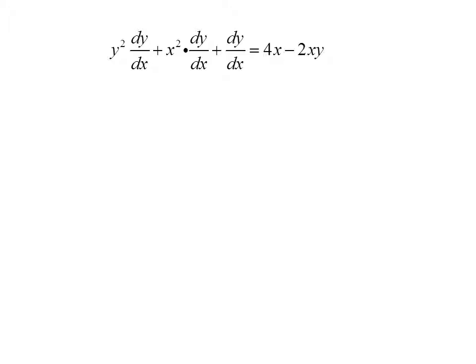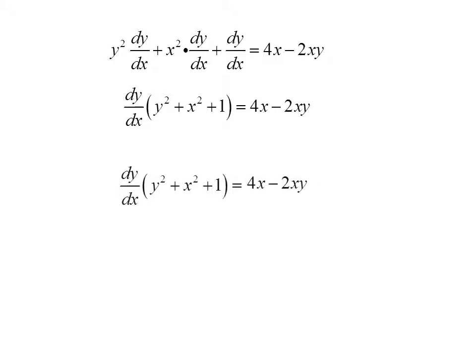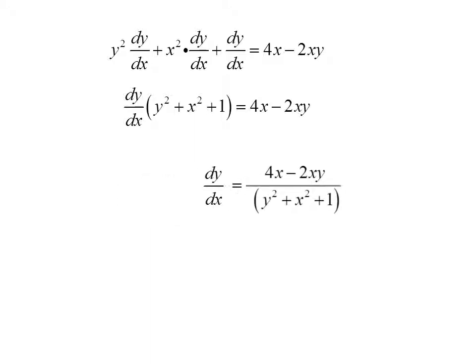Carrying that over to the next slide, we can see that it's possible to factor out a dy dx for these 3 terms. Then it's merely a matter of dividing both sides by that expression in the parentheses, and we just did what we were asked to do. Verify that dy dx is equal to this particular expression.